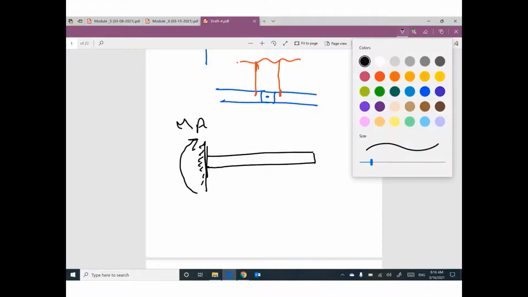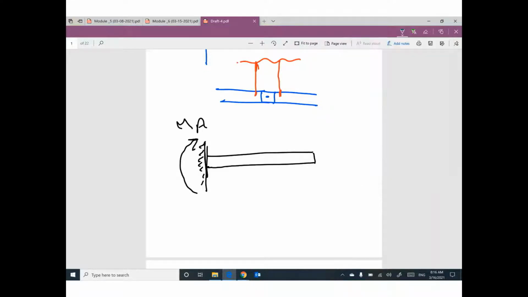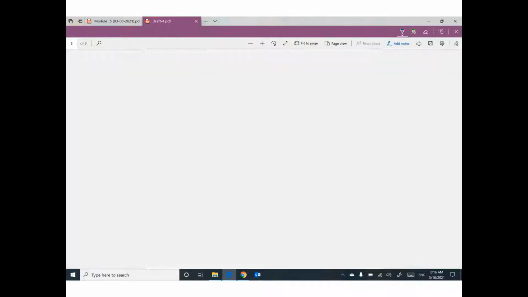If you would like to draw influence line for MA, go ahead and rotate this fixed in the same direction as this moment by angle theta equal 1. I think the new shape of this beam looks like this. So this is the case.